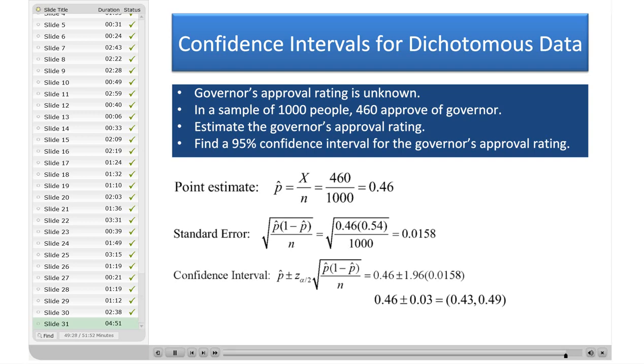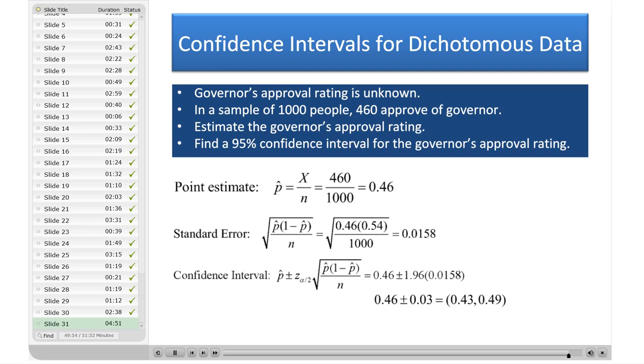Well, in order to do that, we need to find the standard error. And if you think back to the formula for standard error that we're using for population means, it was sigma divided by the square root of n. Now the formula that we have on this slide is the square root of p hat times 1 minus p hat over n. If you think about this a little bit, this is actually the same thing as sigma over the square root of n.